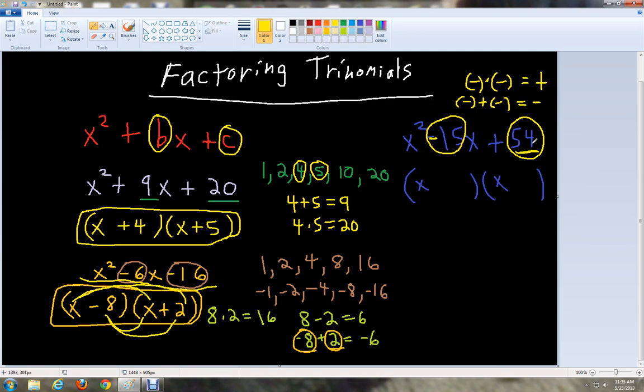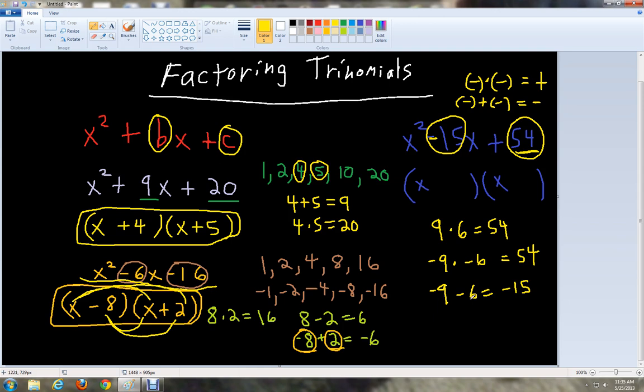So then just looking at factors of 54, if you know from times tables, you know that 9 times 6 is 54. But we know that both of these factors have to be negative. We know that negative 9 times negative 6 is also positive 54. And negative 9 minus 6 is negative 15.